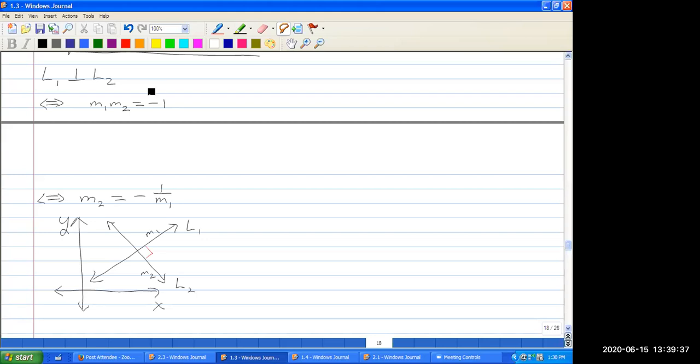So you can either say, don't assume that these are horizontal or vertical, or you make the assumption that the slope of a vertical line is infinity. 1 over infinity, you assume, is 0. And 1 over 0 is infinity. So if I had the slope of 0, then negative 1 over 0 is infinity. That means that a horizontal line is perpendicular to a vertical line.